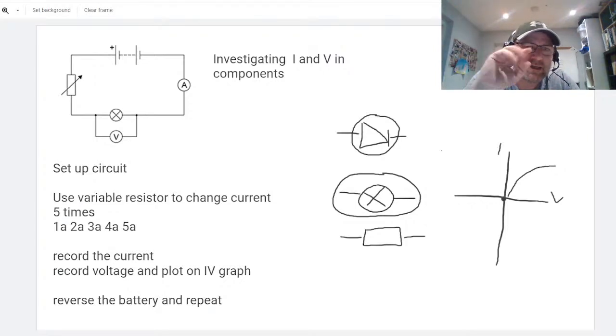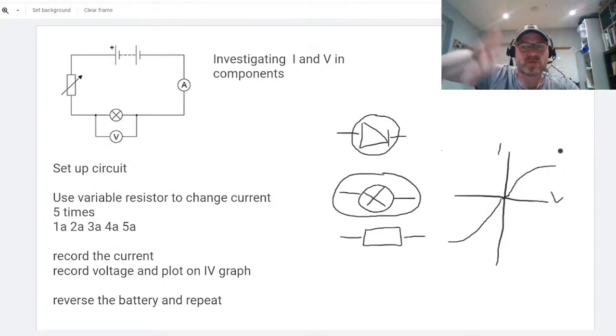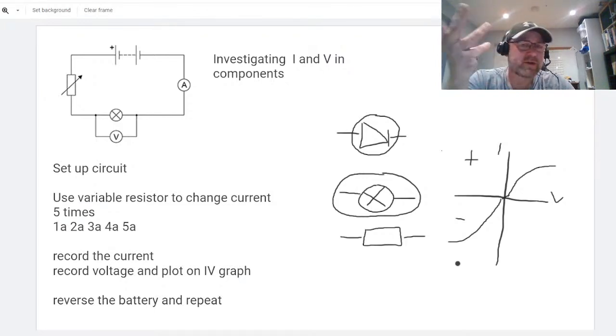All that does, it doesn't mess up your practical, it just gives you minus numbers, which I can plot on this half of the graph, and I'm going to get an identical copy, and that's why we get that S-shape graph or sigmoid graph there. So that's 5 negative readings. This is the positive half. Then I flip the battery around, and I got 5 negative readings, and I plot them on there. And that's my IV graph.